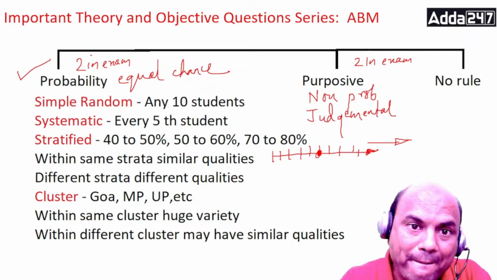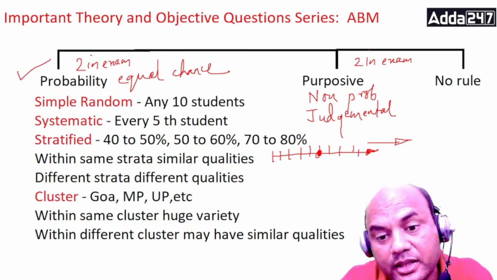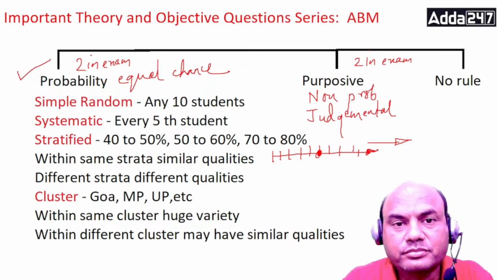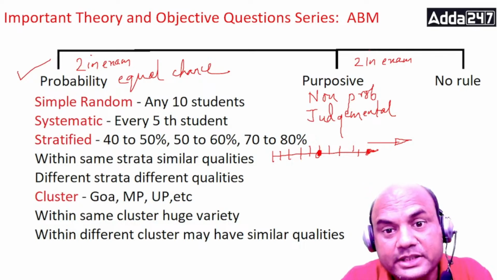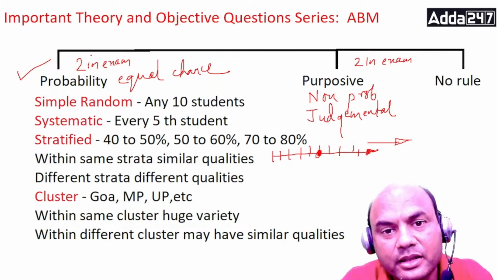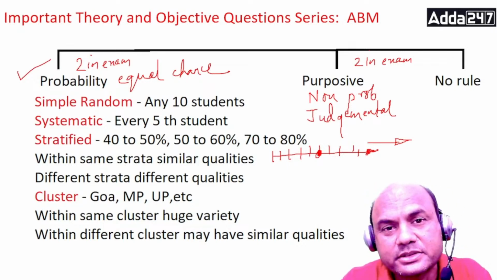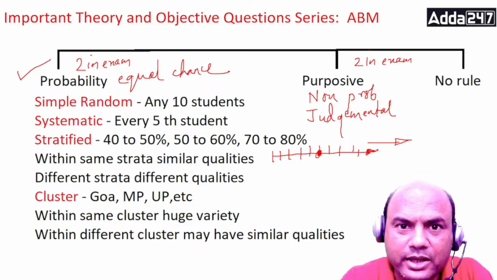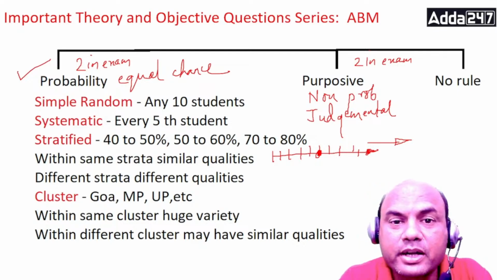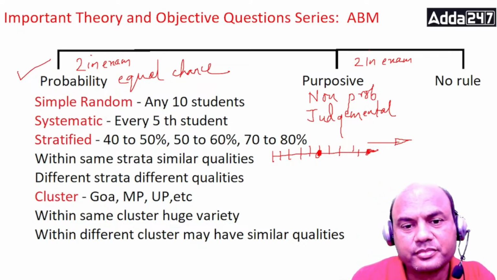No. But I've selected in a systematic, linear way, so that's called systematic sampling. Why systematic? Because I've made them stand in a line without any bias, and I didn't see who's standing where. Then I told every 10th student. Done? This is systematic.